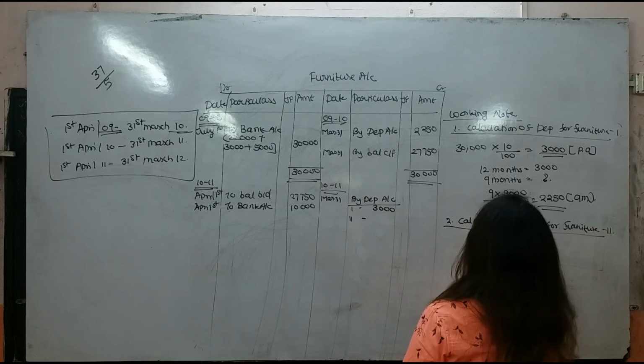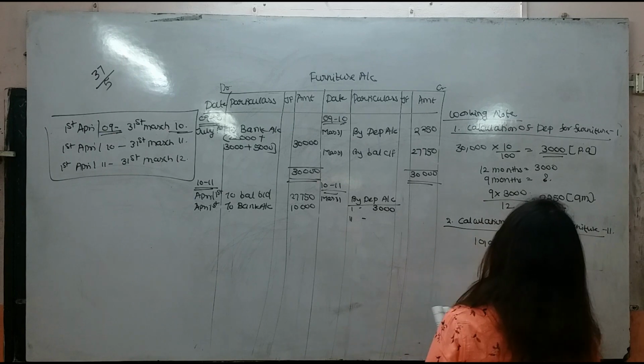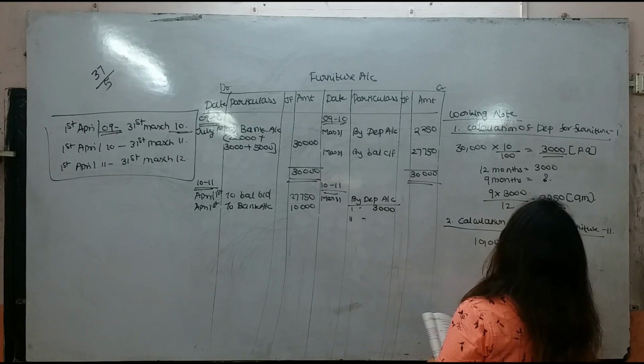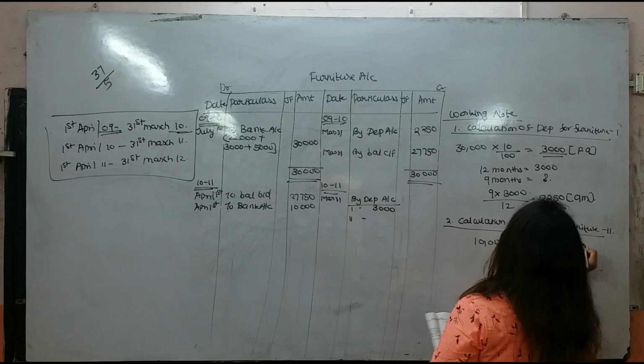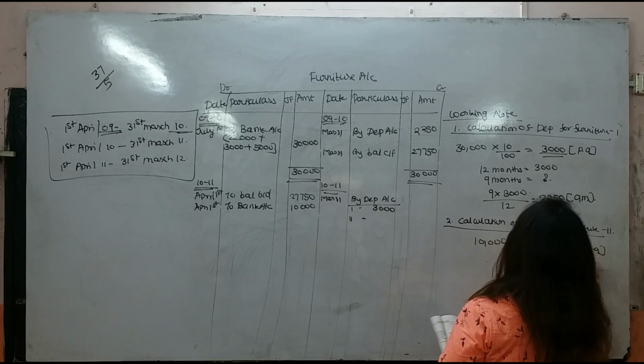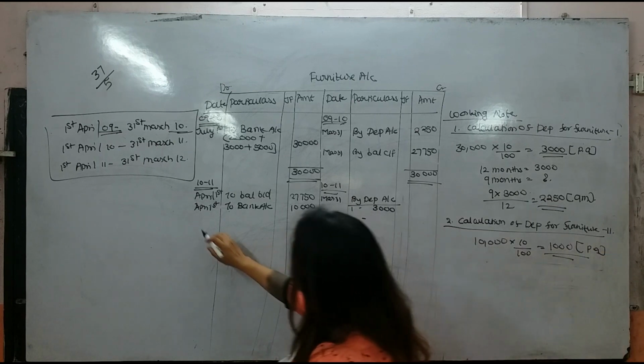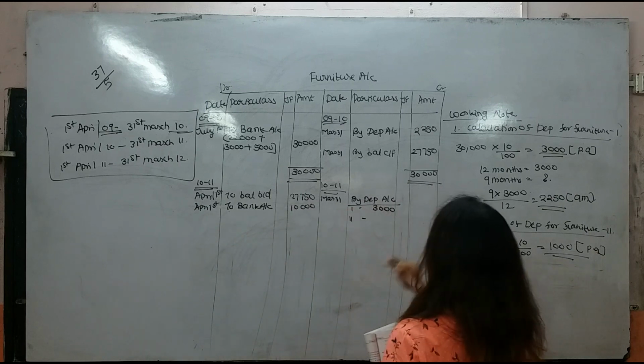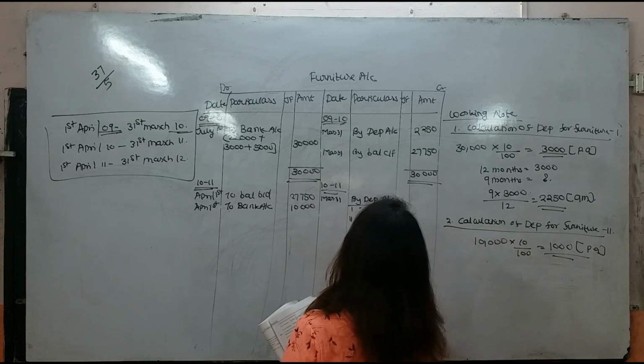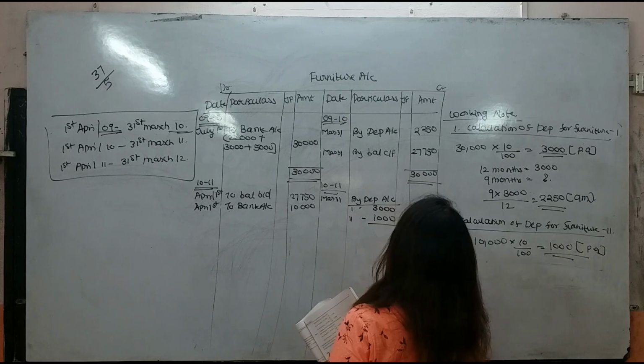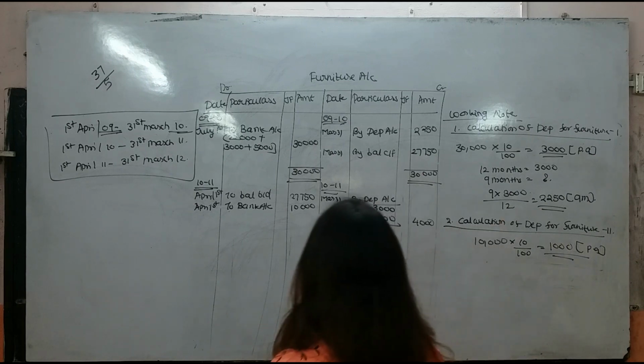Price is 10,000, right? So 10,000 into 10 by 100, depreciation will be 1,000 per annum. This year we are having this furniture from April to March, for 12 months. So it will be 1,000. So total depreciation will be 4,000.